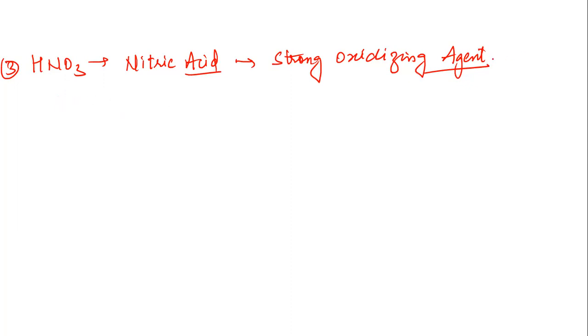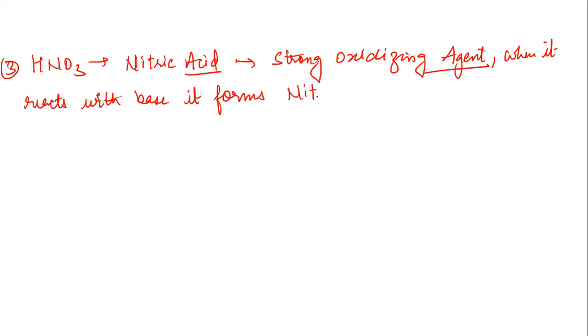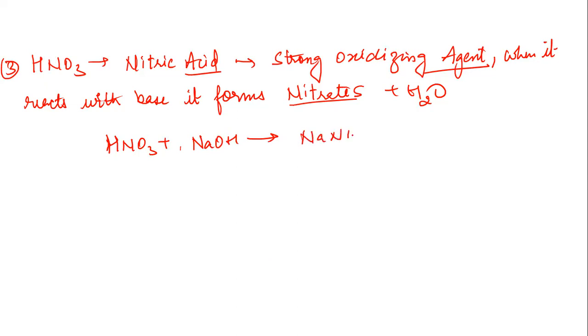Now, when it reacts with base, it forms nitrate plus water. For example, HNO3 plus NaOH will give you NaNO3.